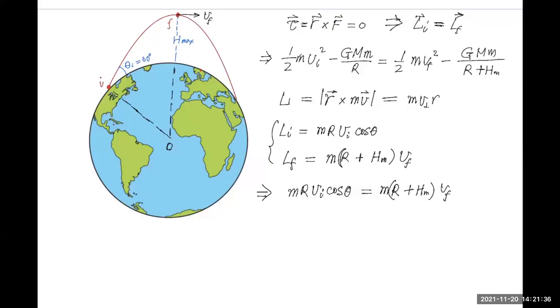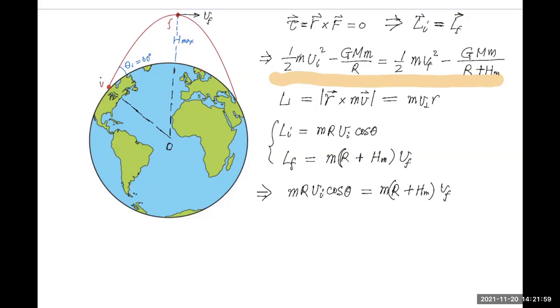So now we can write down the two conservation law equations. And you see here the first one, the conservation of energy, just like before. This one is just like before, except that the final speed is no longer 0. And now we can look at the conservation of angular momentum.